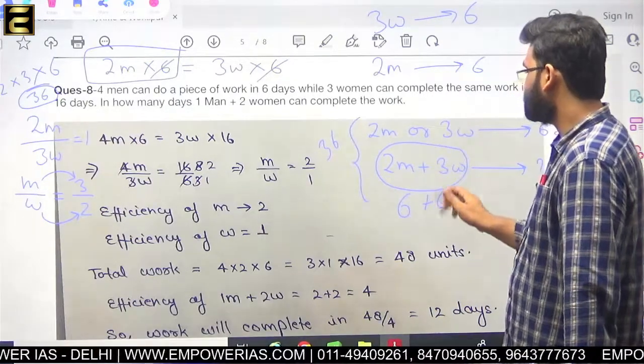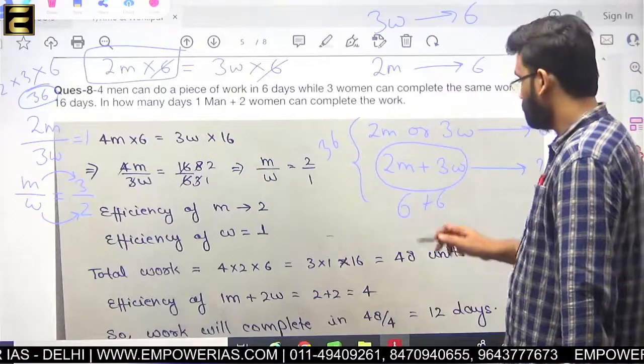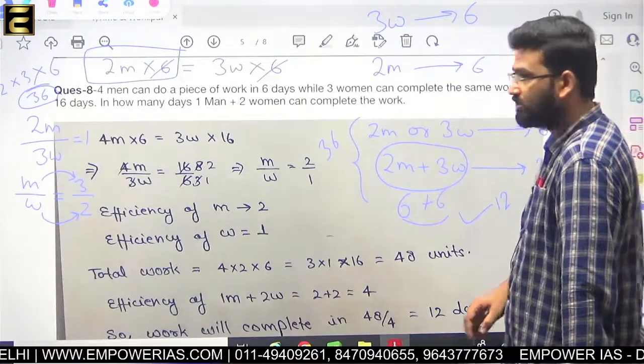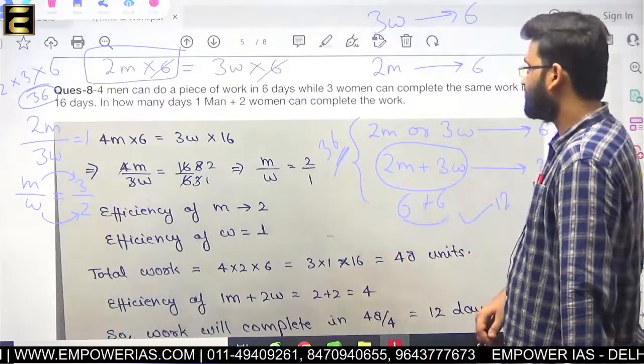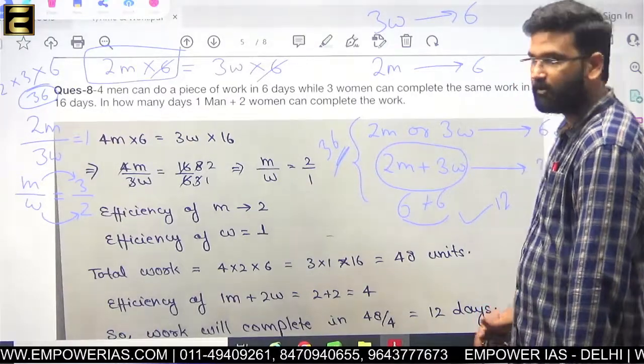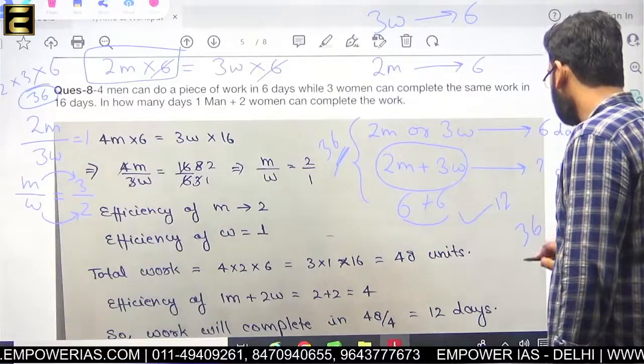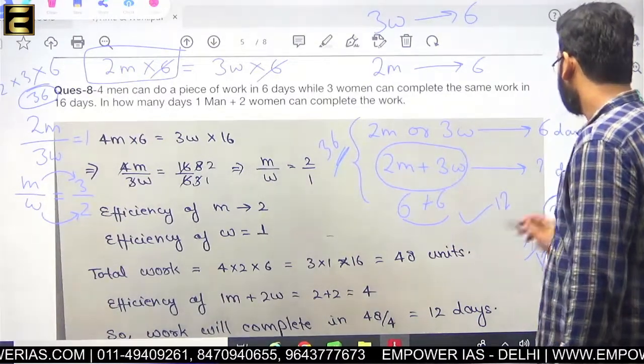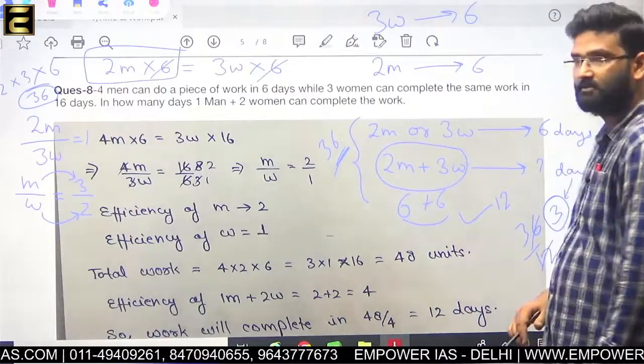So the efficiency of this group will be 12. Total unit is 36, so how much time are they going to take? 36 upon 12, 12 threes are 36. 3 days. The answer will be 3 days. Okay.